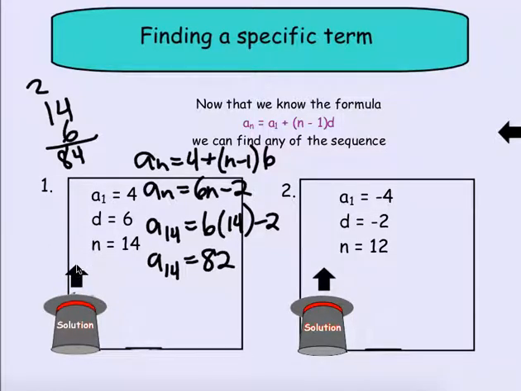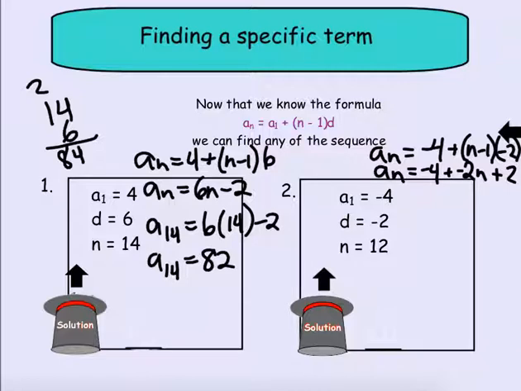Now our next one, let's make our formula. So we do a sub n is negative 4 plus n minus 1 times negative 2. We can have a negative difference as well. It just means that we are going down in values. So my a sub n is negative 4 plus negative 2n plus 2. So my a sub n is negative 2n minus 2.